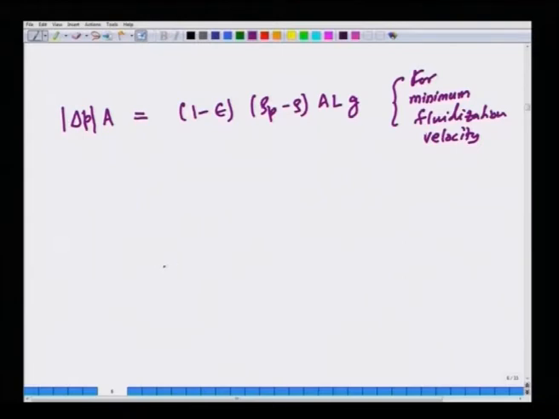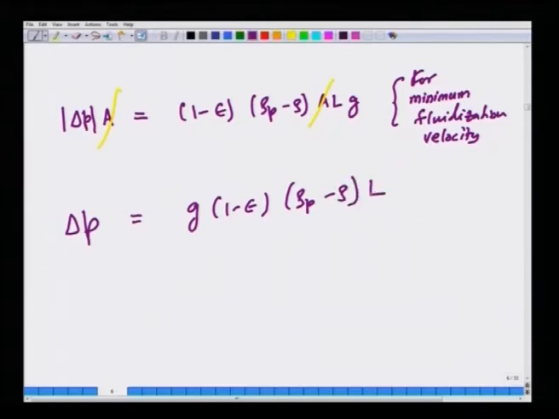Now, so delta p, the two factors of A cancel out, delta p will therefore be g times 1 minus epsilon times rho p minus rho times L. So, the porosity at the onset of fluidization will be the minimum compared to when the bed is fluidized.